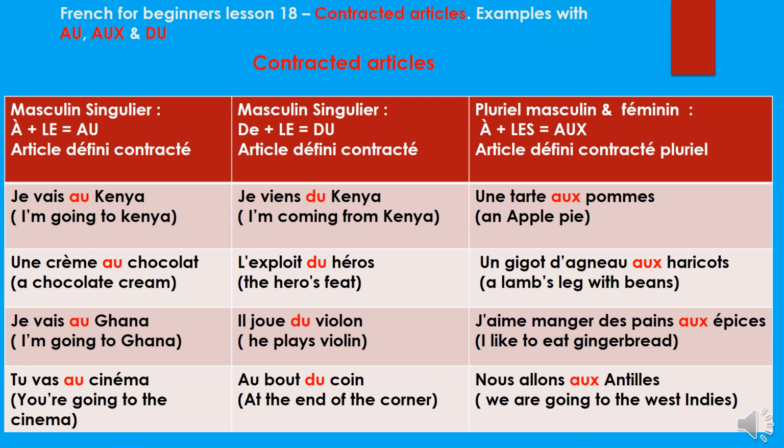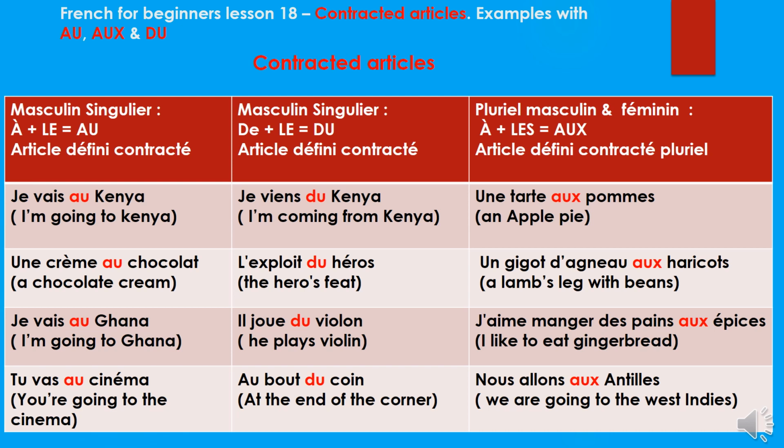So de plus, because even the plus sign, it is written the same in English, but you pronounce it plus. DE plus LE égale du. Repeat after me. DE plus LE égale du. So here now we are dealing with the DE plus the LE. So actually the DE is a preposition, it can mean of or from.